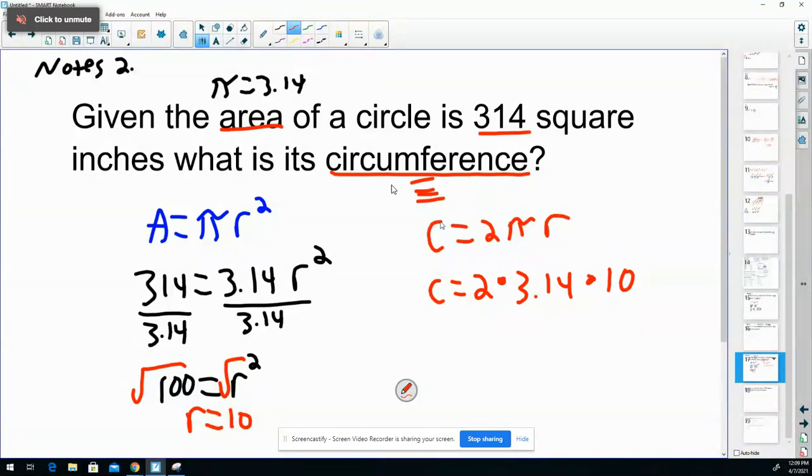And multiply that out, you'll get 62.8 inches. No squared. Circumference is just a regular measurement. So remember, we found the radius using the area, and then we found the circumference once we got the radius.